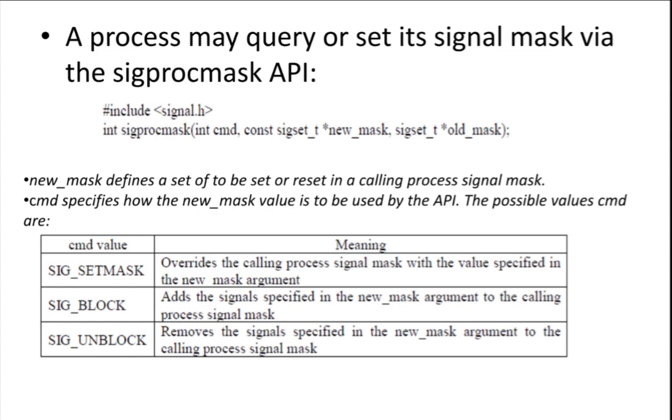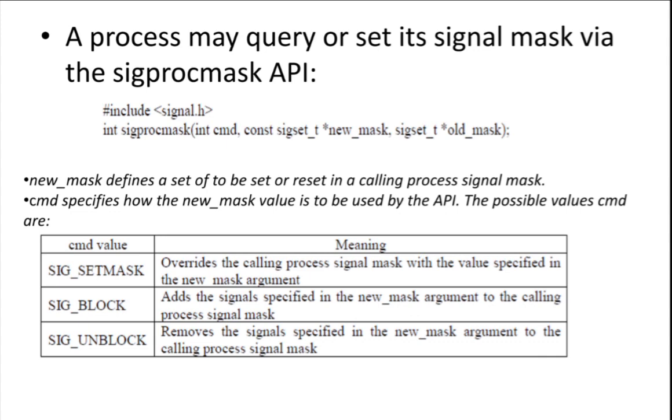The data type I am using here is sigset_t. So the command is the first argument, the second argument is the new mask, and the third argument is the old mask. Now what is the new mask here? The new mask defines a set of signals to be set or reset in the calling process's signal mask.